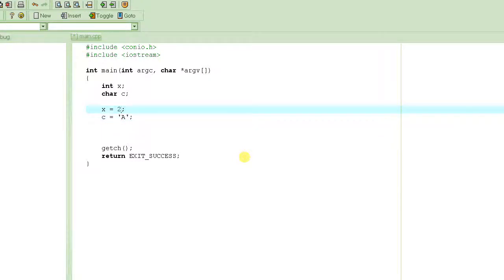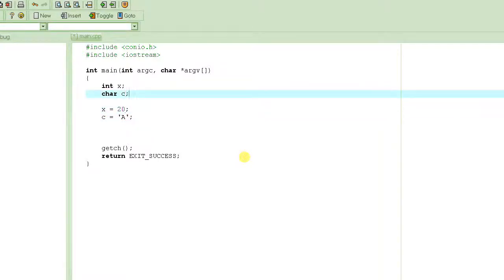You could assign x a value of 20 if you want to. But what you cannot do is assign a value of 20.5, because even though it's a number, it's not an integer. It's a floating point number, or a real number. So fractions are not allowed if you declare a variable as int.